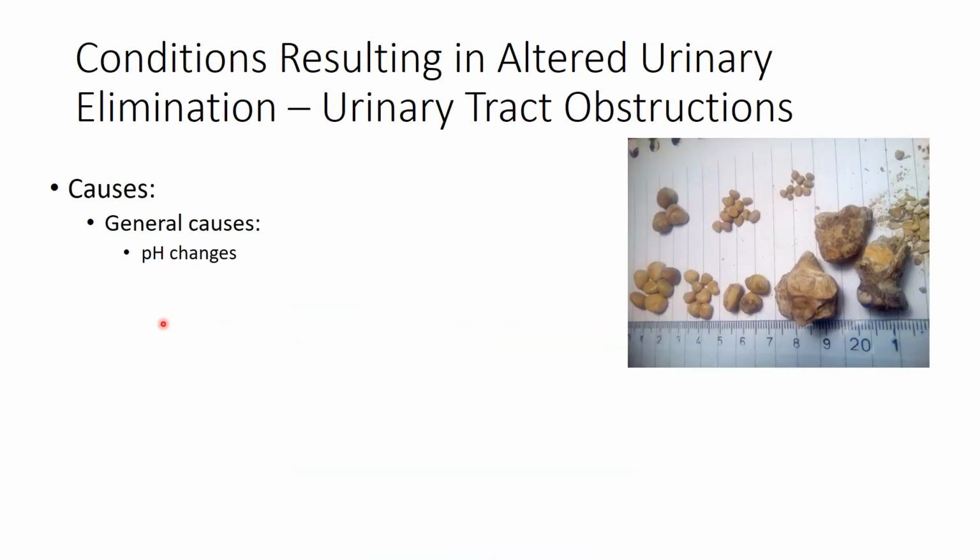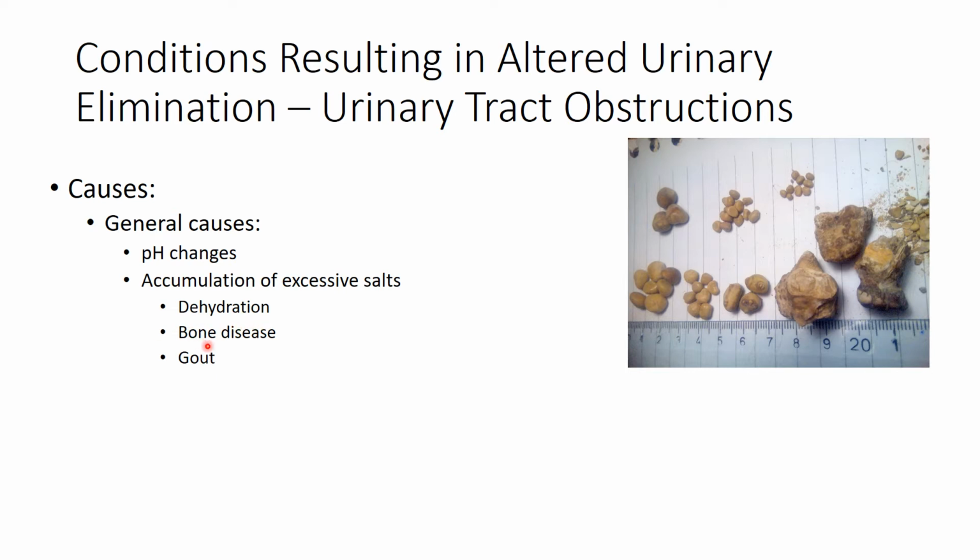So we see that there are some general causes to these formations of renal calculi, and that pH changes of the urine can cause this. We see that accumulation of excessive salts, so dehydration can result in excessive salts, leading to crystal formation in the urine.